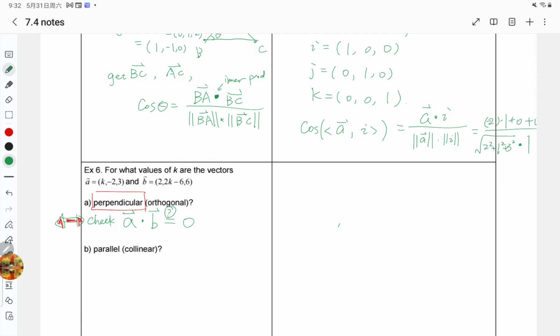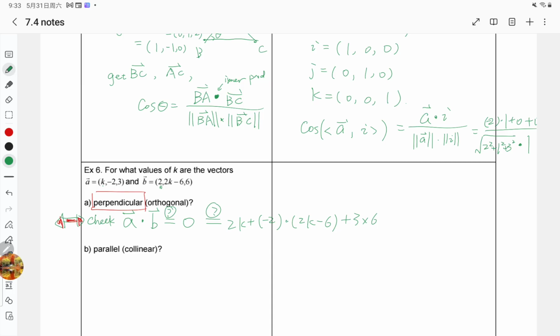Right? So check, is it 0 or not? So check if 2k, and then plus -2 times 2k minus 6, and then plus 3 times 6.